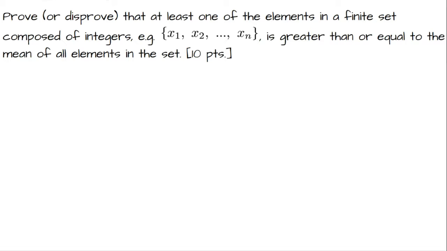There are plenty of ways to get around this problem, but let's try direct proof, and later on let's try contradiction as well. By direct proof, we could say let one element, say x sub k, be the largest element in the set.